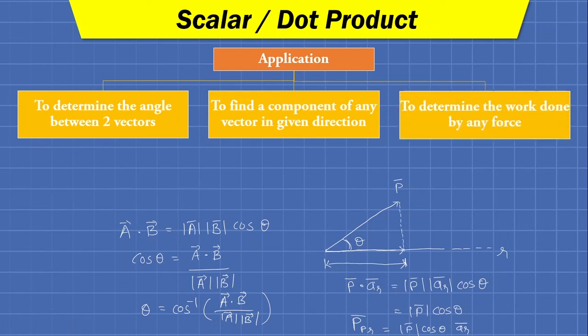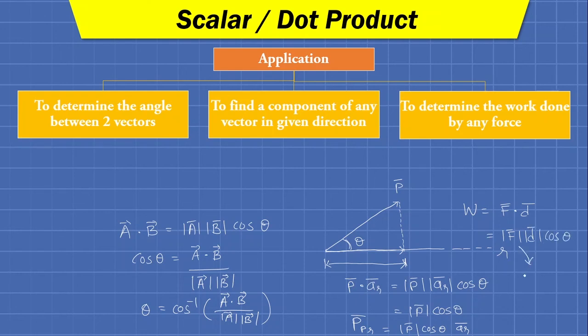And the third thing is to determine the work done by any force. It is a very well known formula from physics that work done W is nothing but F bar dot D bar, so modulus of F bar modulus of D bar cos theta.